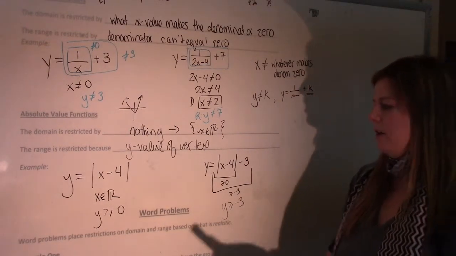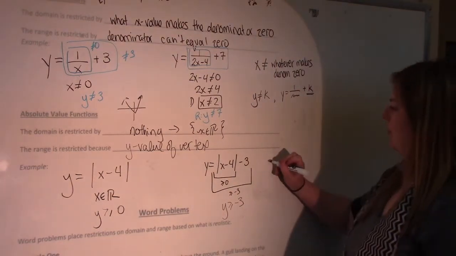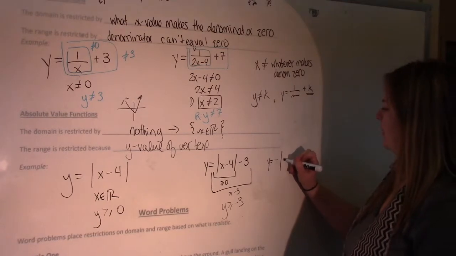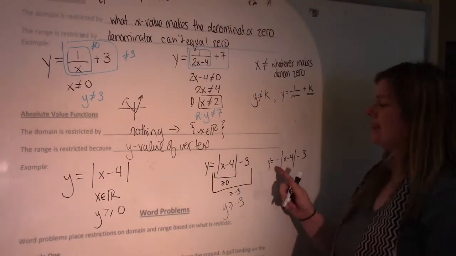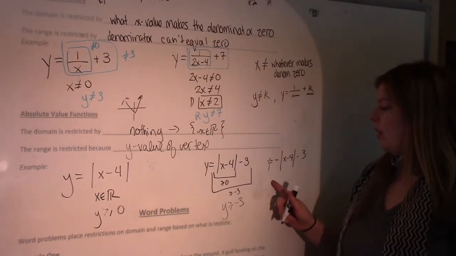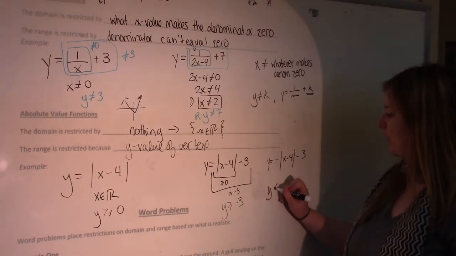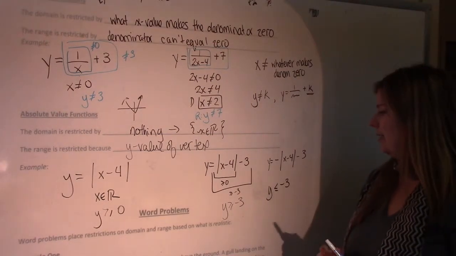Okay, now what if we had another one? y equals negative absolute value x minus 4 minus 3. How does this negative change things? Well, it changes things because instead of being greater than or equal to negative 3, now everything's less than or equal to negative 3.